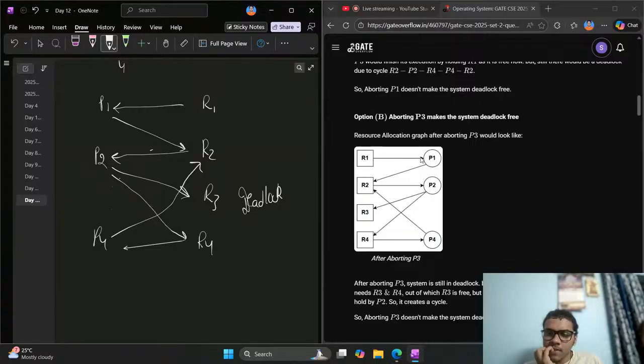P1 needs R2, which is held by P2. P2 needs R3 and R4. R3 is free, but R4 is held by P4. P4 needs R2, held by P2.